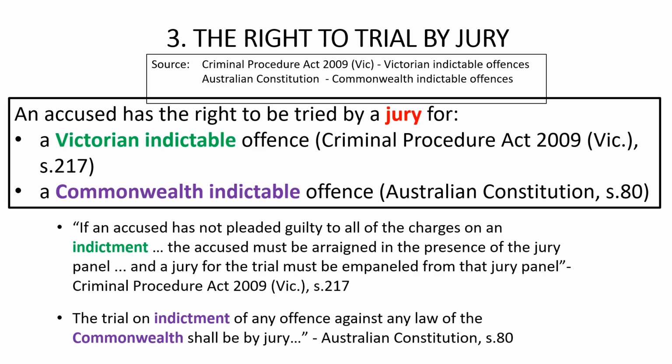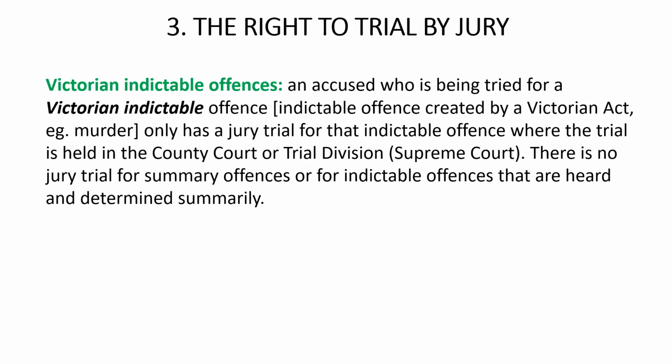When you are answering a question in a SAC or exam about the right to trial by jury, you need to decide whether the offence for which the accused is being tried is a Victorian indictable offence or a Commonwealth indictable offence. It's only by doing this that you'll be able to accurately identify the source of an accused's right to trial by jury. Most criminal offences are actually state offences.